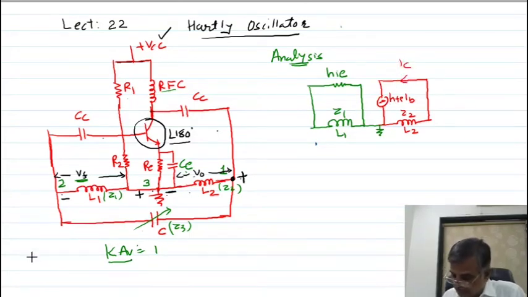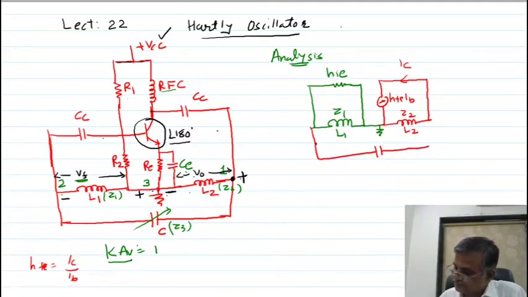You know HFE is IC upon IB, so IC is HFE into IB. That's why I have written HFE IB. In parallel, Z3 is there, meaning a capacitor. So this is the equivalent circuit of a Hartley oscillator.